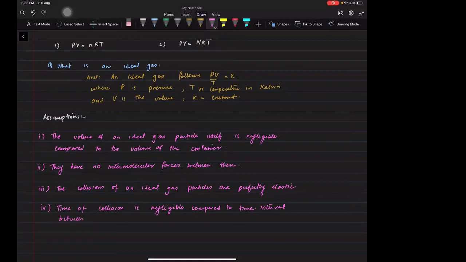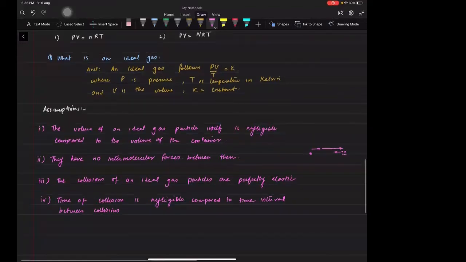Is traveling from this end to collide with another particle here. So the time it takes to go from here to here should be large enough that when it hits and comes back, the collision time is negligible between them. ये बात समझ आ गई? So they touch for a very short time, but they travel for a very long time. ठीक है?